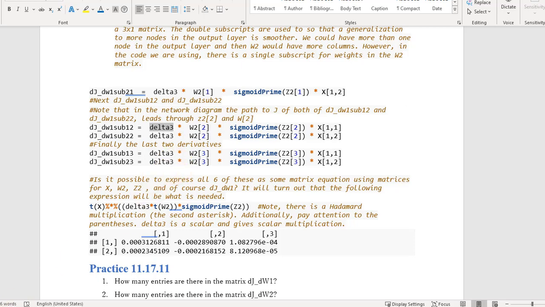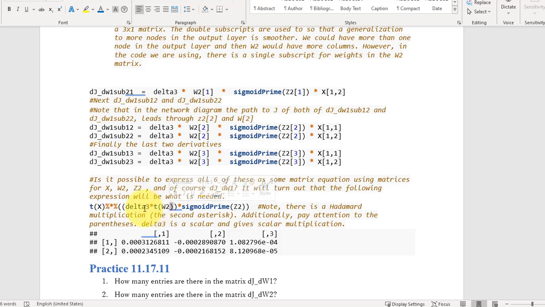But one more thing to notice here is, what is this, from here, well, let's say from this D to this bracket? What kind of object is that? Well, W2 is a matrix, so the transpose is a matrix.